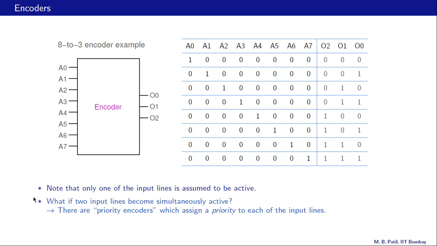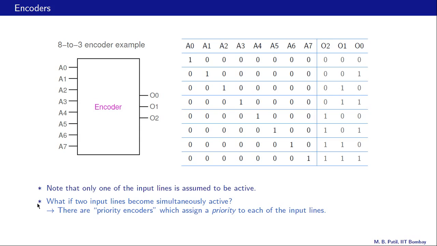In this example, note that only one of the input lines is assumed to be active at a given time, and therefore we have only one high pin here in any of the rows. That means we will see only one 1 in any of the rows. The question that arises is, what if 2 input lines become simultaneously active?